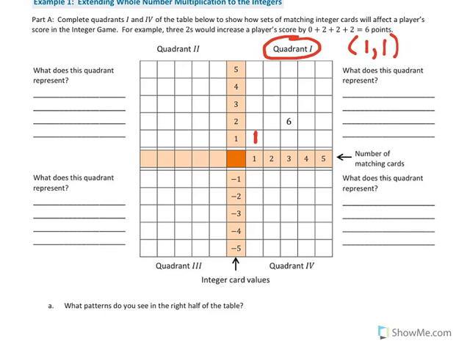Okay, so if we go back to the center point in our little quadrant plane, if we go over 2 and up 1, our answer, 2 times 1, is 2. Okay, so let's go back to our center and go over 1, 2, 3 and up 1, and our answer is going to be 1 times 3 is 3.